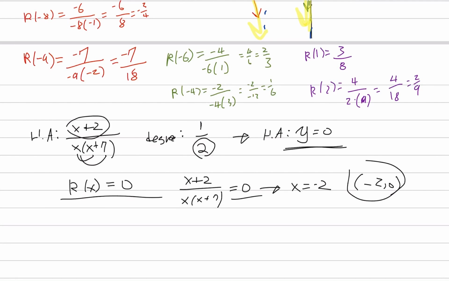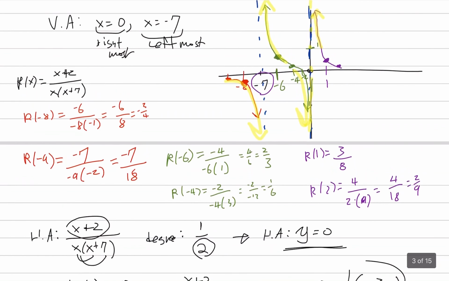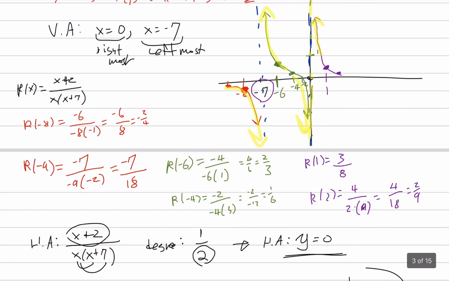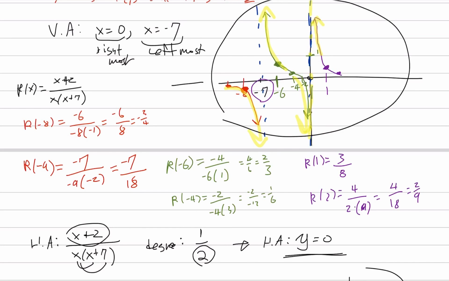So for the last part, it says use a graphing utility to verify the result from the previous steps and graph R, and choose the correct answer below. Essentially what we did here, but we do have to add the horizontal asymptote.